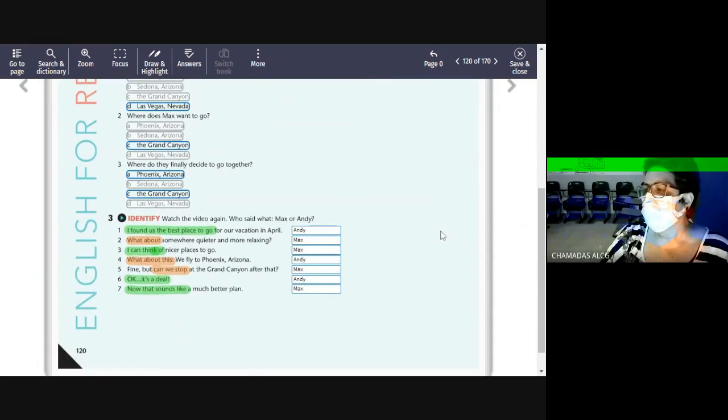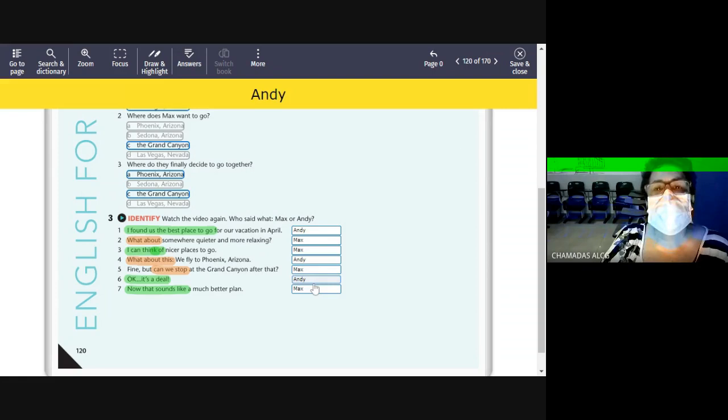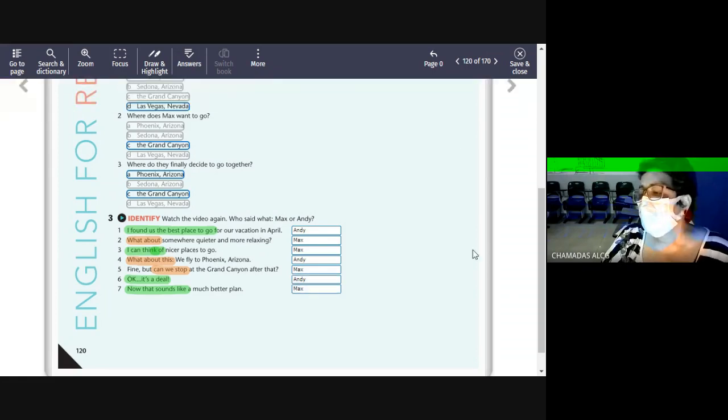All right, people, for the ones who arrived later, this is page 120. If you want, you can take a picture. This is what we did. The phrases in orange are the phrases to make suggestions. And the phrases in green are the phrases to give opinion.